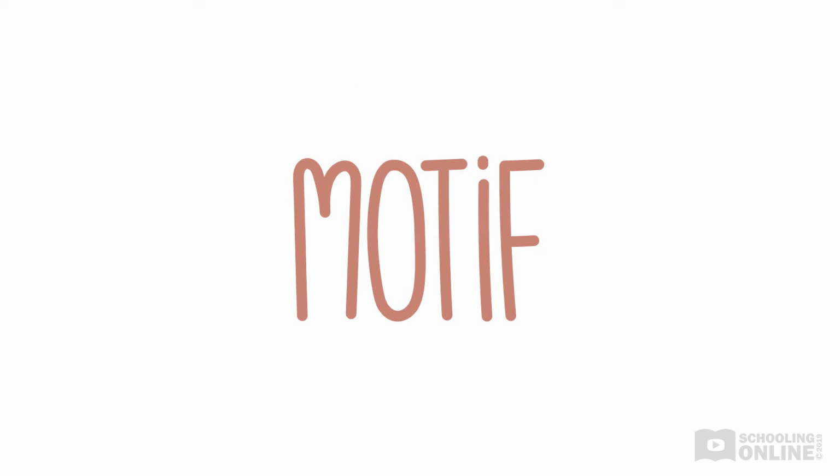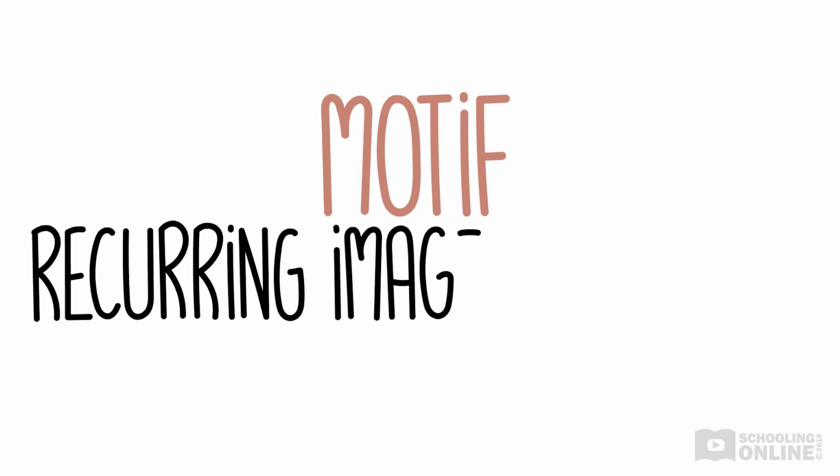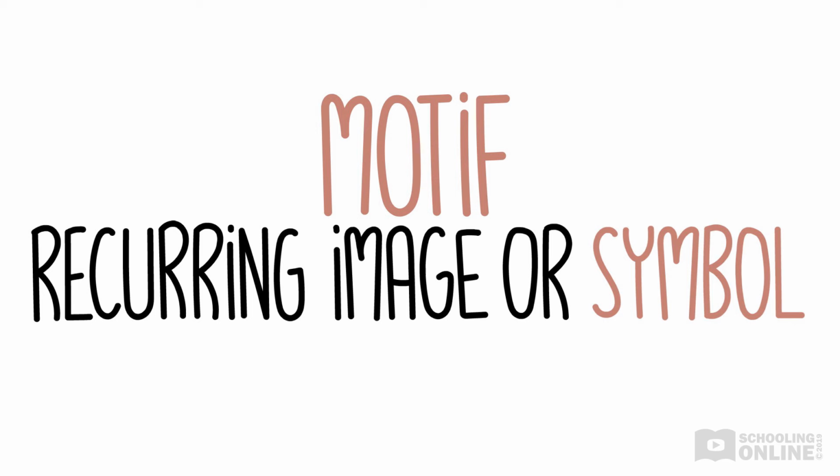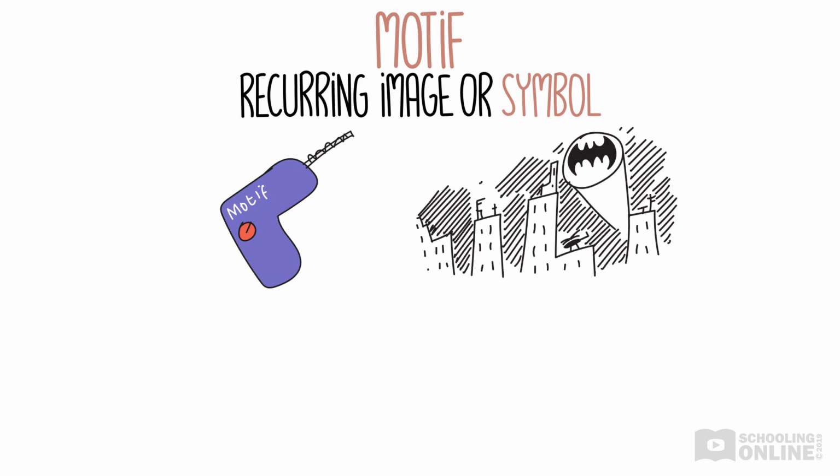Now let's turn to another technique called a motif. A motif is a recurring image or symbol that keeps on popping up throughout the text. Think about the bat signal in Batman, that spotlight that gets shone into the sky when the people of Gotham need their superhero.